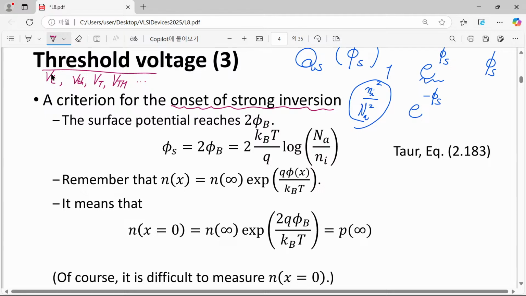Since you are educated, when you have a look at a certain symbol, you can identify this is related with summer voltage, and this is related with threshold voltage. So anyway, we believe that at least theoretically, threshold voltage is the voltage where strong inversion starts to occur.